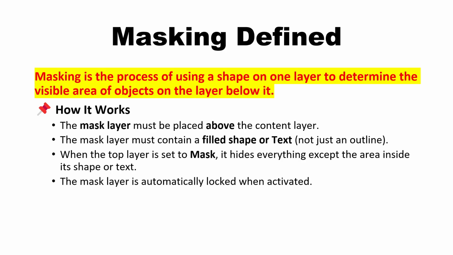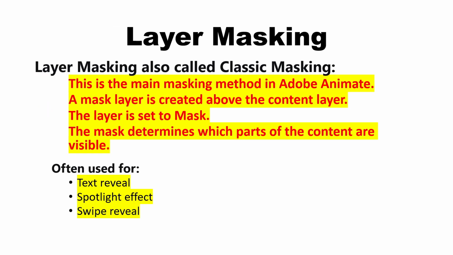And then the top layer is set to mask. Once you set it to a mask, every other thing is hidden except the area inside the shape or the text. Now the mask layer is locked to get it activated, right?